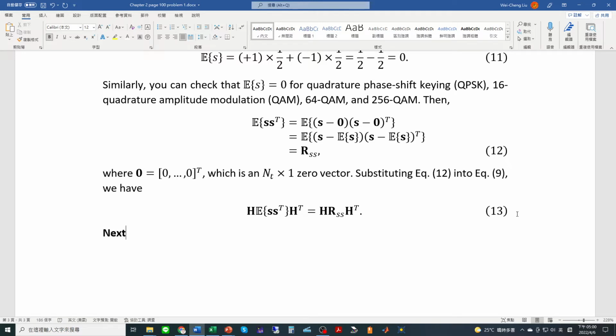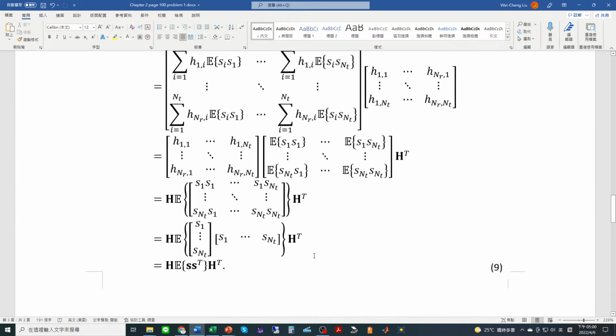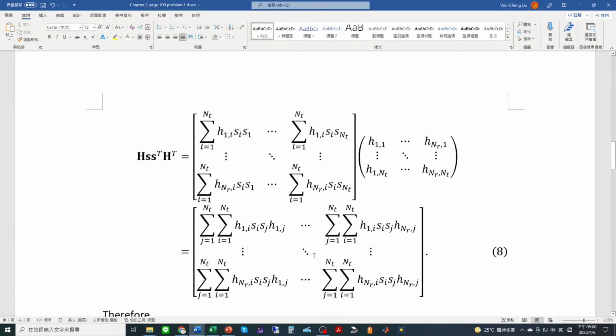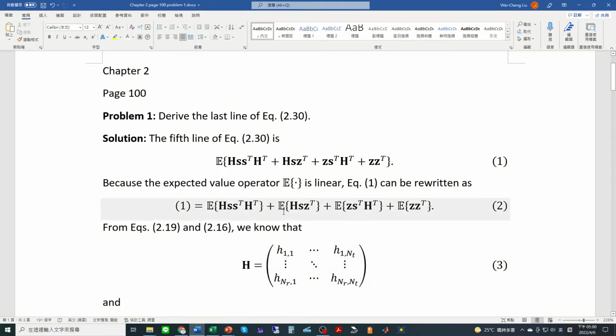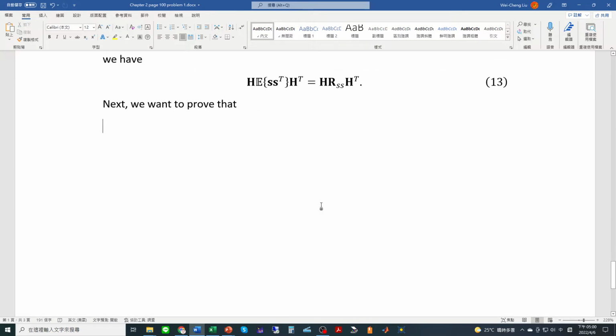Next, we want to prove that the first term in equation 2 is equal to 0.